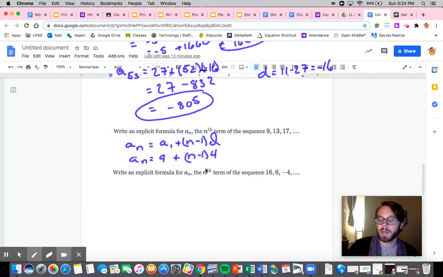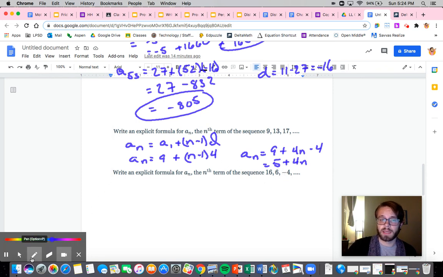Depending on what we're specifically looking for, you could either leave it in this form, or you can simplify it. If you distribute, you get 9 plus 4n minus 4, which is equal to 5 plus 4n. That's perfectly acceptable. Either form works. Just be careful depending on what your teacher is looking for, or you might accidentally get something wrong.